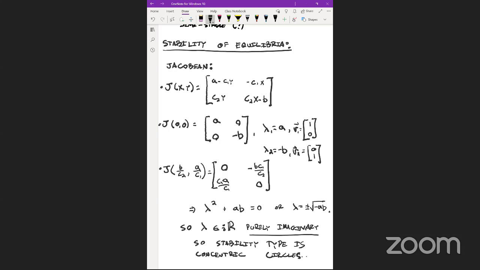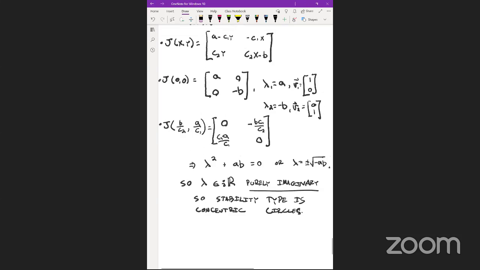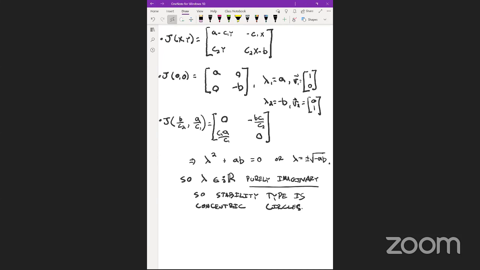Well, okay, so of course we shouldn't actually expect concentric circles because this is just some Taylor expansion, right? So it's in red because this is important. Note, we shouldn't actually expect closed solutions.